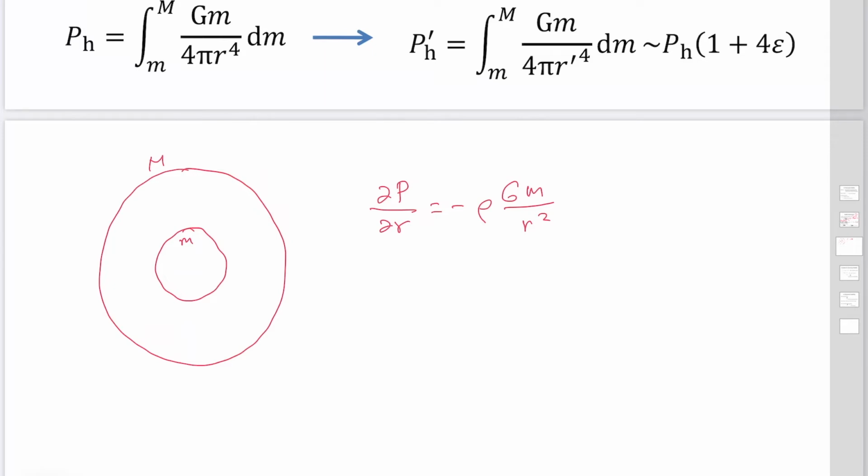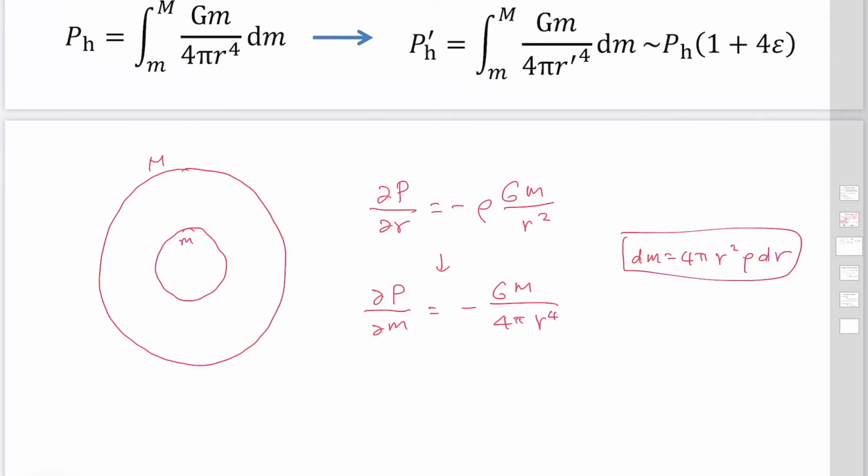The left hand side is the pressure gradient and the right hand side is the gravitational force. From this equation, instead of r, if you use m, the derivative of P with respect to m is equal to minus Gm over 4 pi r to the fourth. We use dm equal to 4 pi r squared rho dr, so we use these relations here.